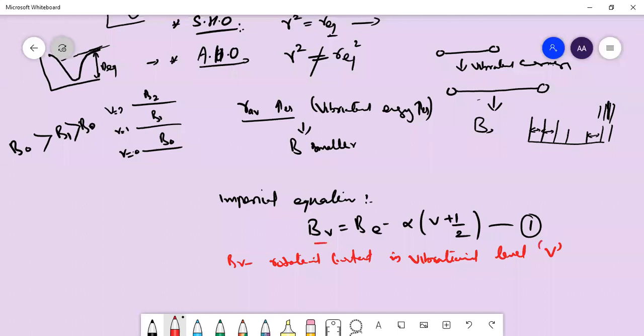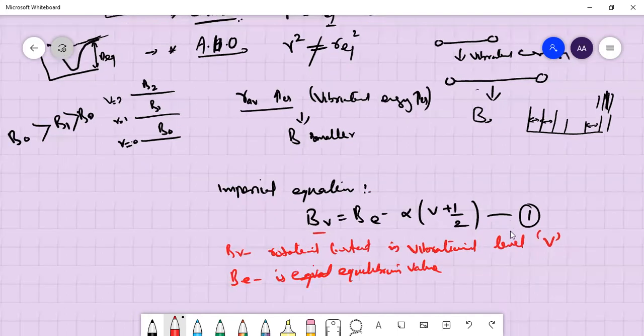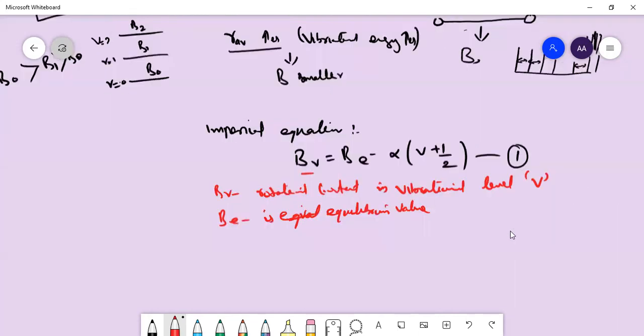So the rotational constant in any vibrational level is equal to B_e, where B_e is the equilibrium value.